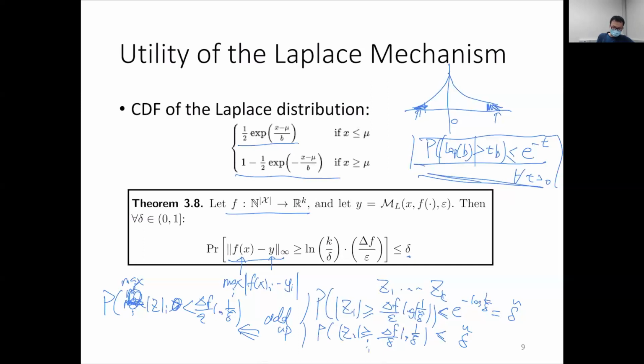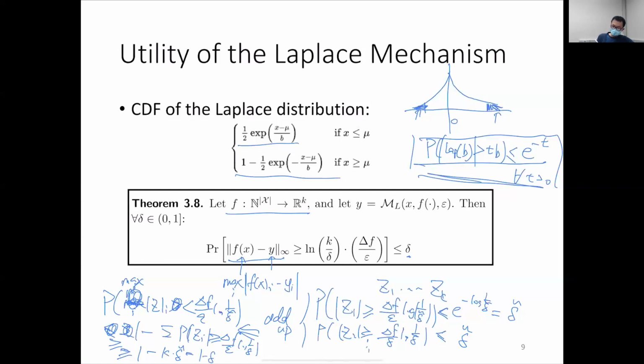So the probability is larger than 1 minus the sum of the probabilities of the individual Z_i being larger than delta f over epsilon log 1 over delta tilde, and by our bound over here, this is larger than 1 minus k times delta tilde. We can set delta tilde to be delta over k, and this gives me 1 minus delta.